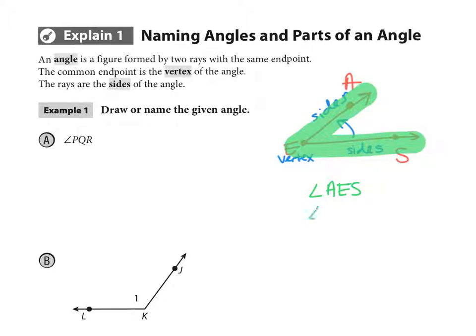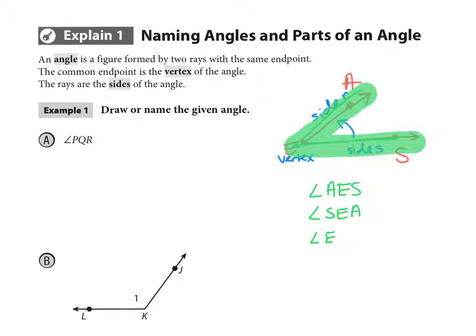Another way to name this one would be angle SEA. You could draw it backwards, starting with the S and going the other direction. And then the last way, sometimes you can name angles by just the vertex itself. So you could name this angle E. That's not always the best way, and we'll see why a little bit later, but just know that you may see it that way.